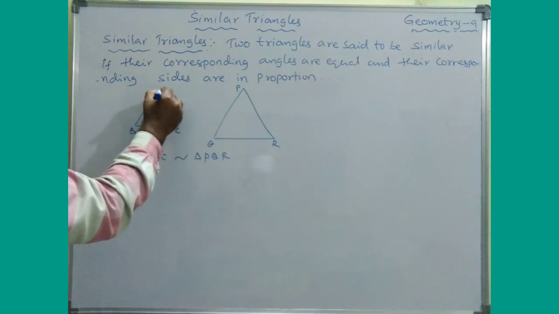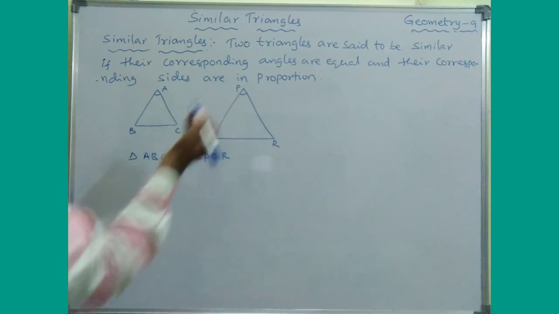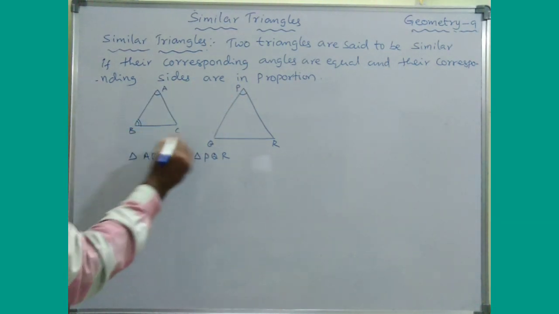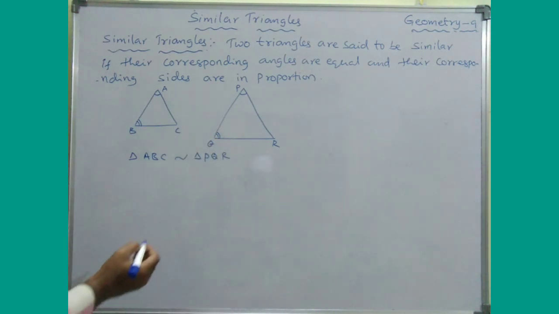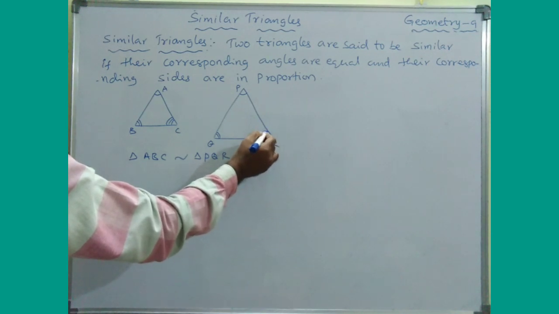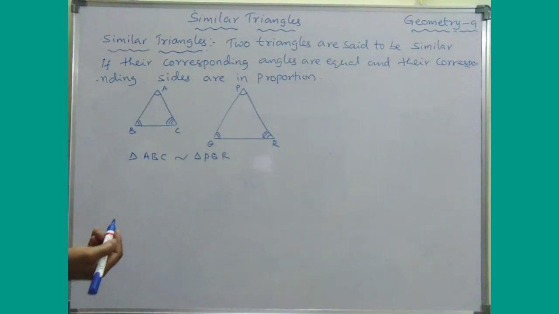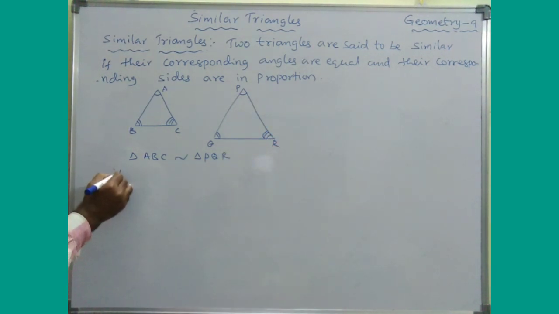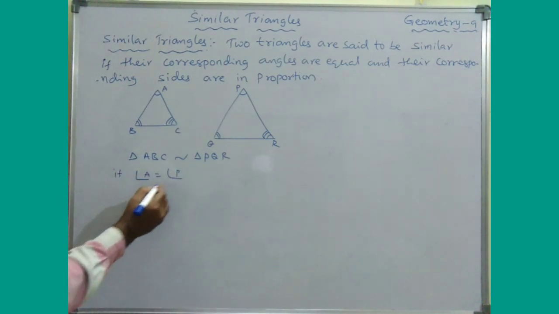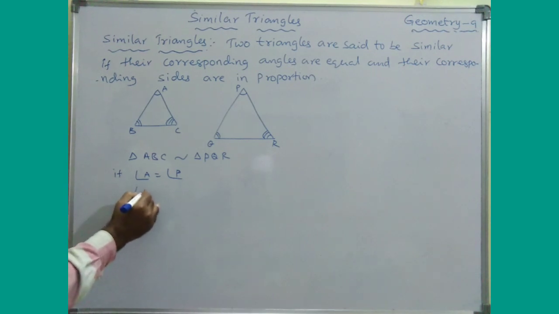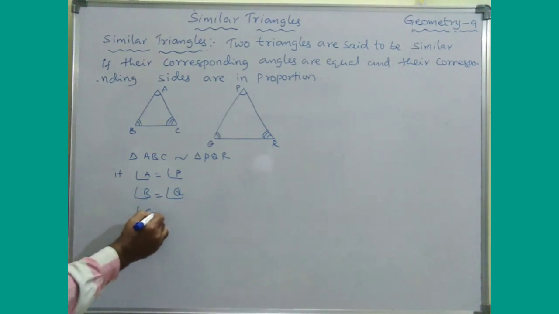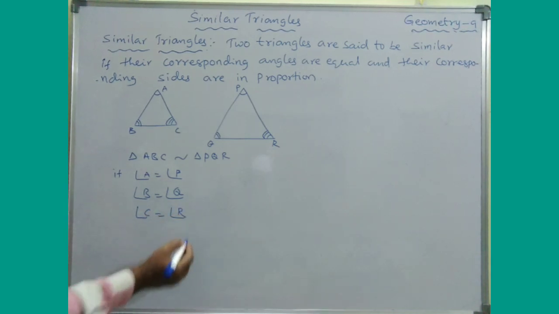So angle A, corresponding angle will be angle P. These two must be equal. And angle B should be equal to angle Q, as well as angle C should be equal to angle R. I mean, angle A is equal to angle P, angle B is equal to angle Q, angle C is equal to angle R.